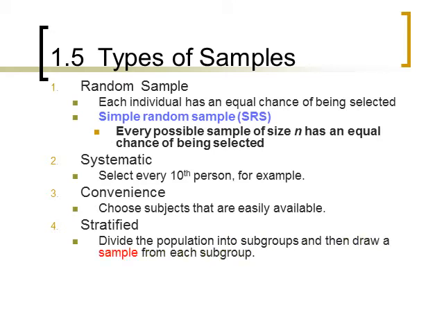When we do a stratified sample, we're grouping the population into subgroups, and then we take a sample from each subgroup. For instance, let's say that we group everybody by zip code, and then we take 10 random people out of each zip code for our sample. That's an example of a stratified sample.